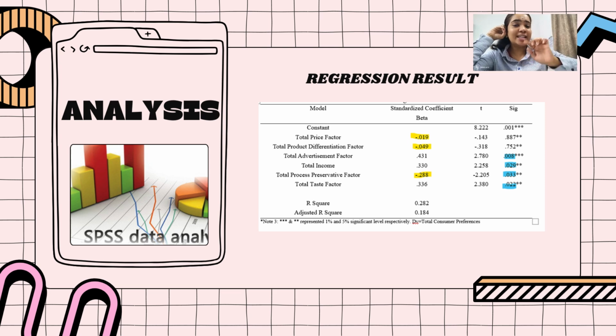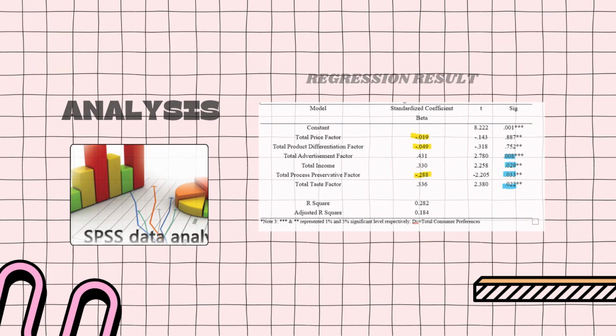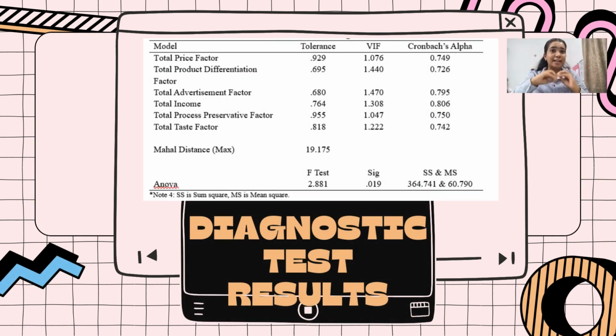The last item in the table is the R square. The R square in our model explains 28.2% of the variance in total consumer preferences. For the diagnostic table, the maximum Mahalanobis distance value of this data is 19.175, which is less than the critical value of 22.46.